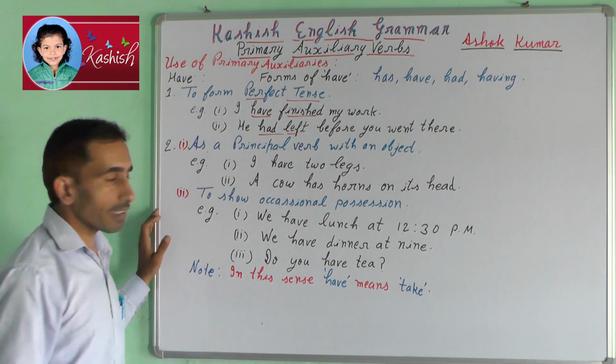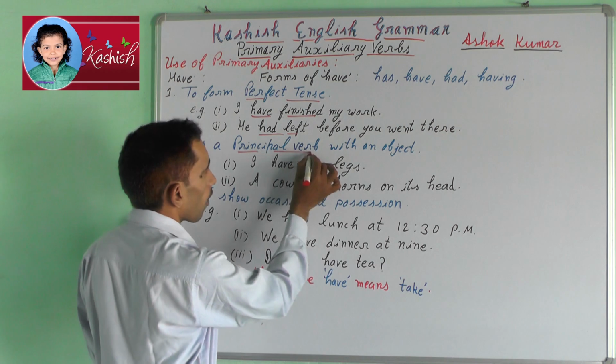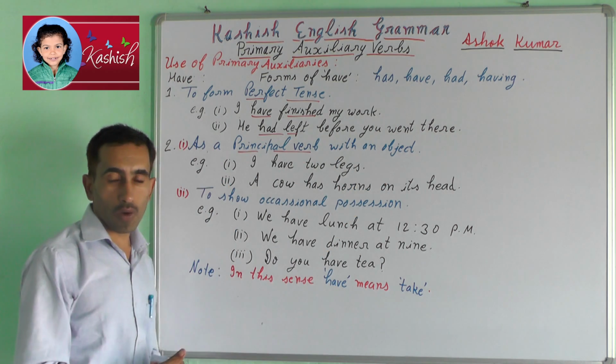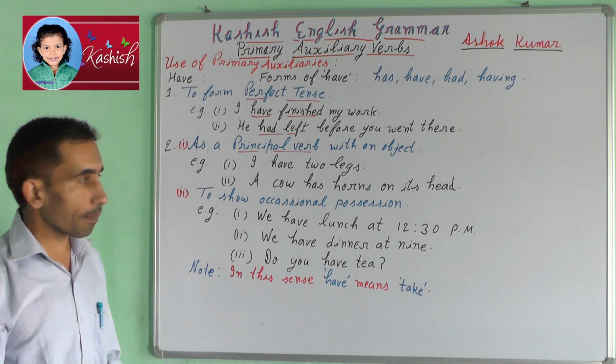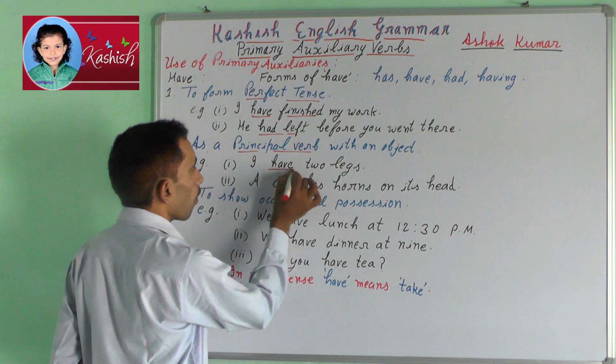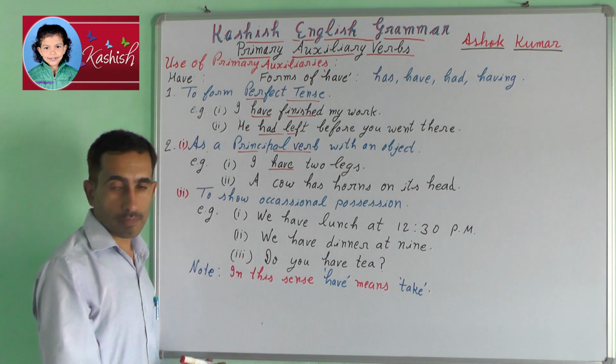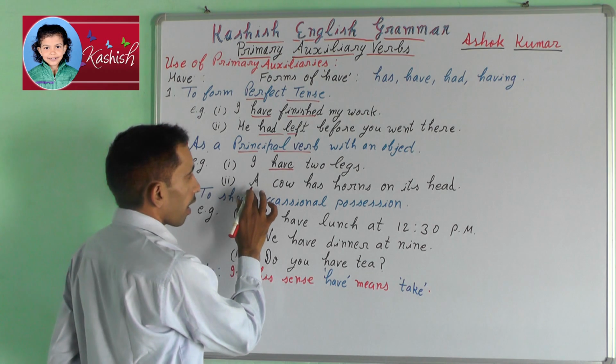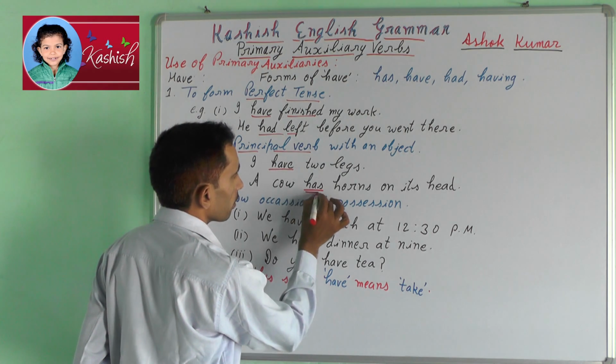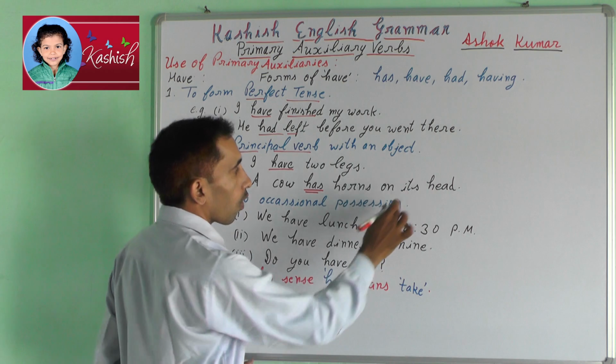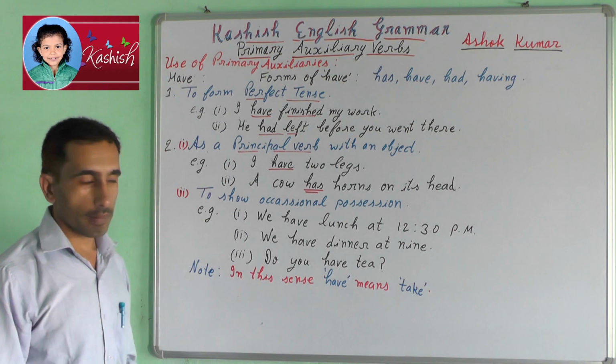Second, as a principal verb with an object. For example, I have 2 legs. Next, a cow has horns on its head.